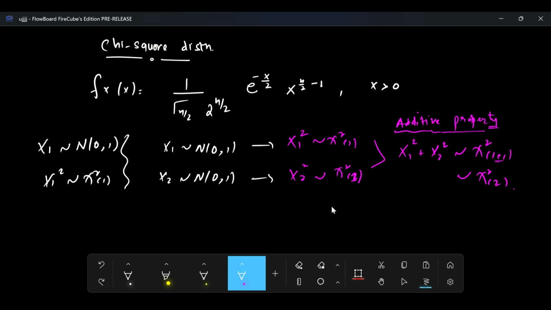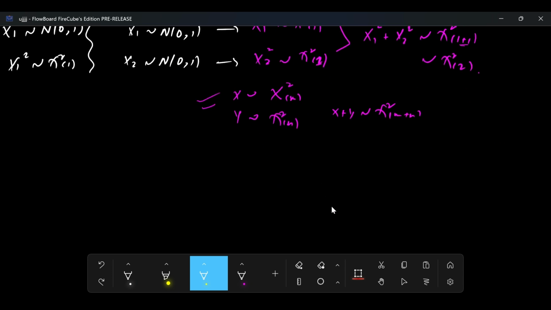That's 1 plus 1. Similarly, you can remember it like this: if x follows chi-square m, y follows chi-square n, then x plus y will follow chi-square m plus n. Right?